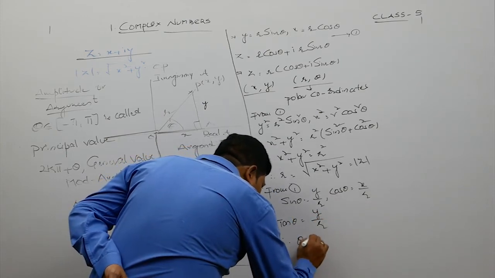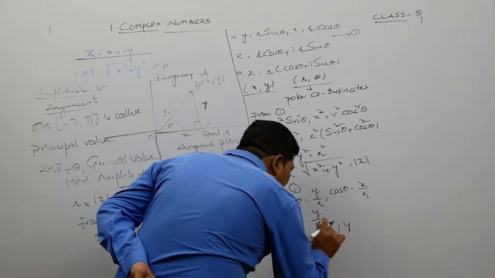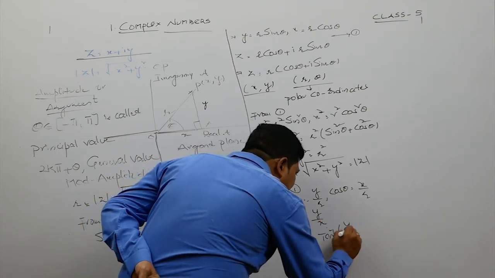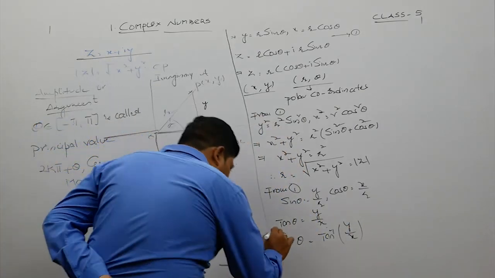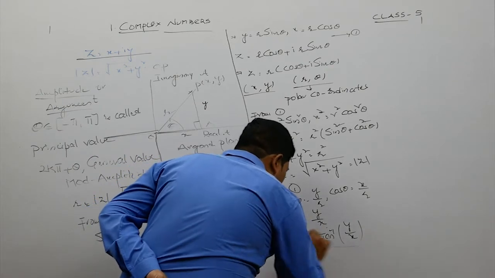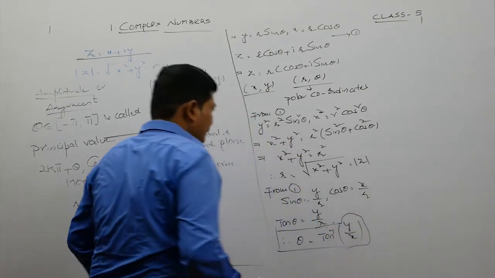Therefore theta is equal to tan inverse of y by x. So this is the formula to find the argument or amplitude of the given complex number.